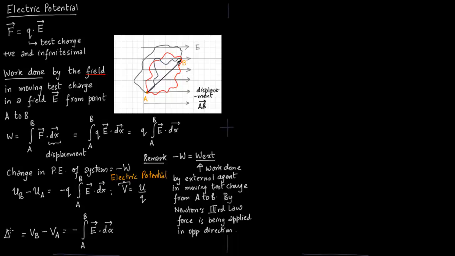So you can write VB minus VA as delta V, that is change in potential, given as minus integral from A to B of E vector dot dx vector. So this is the formula for potential difference between 2 points A and B in an electric field.